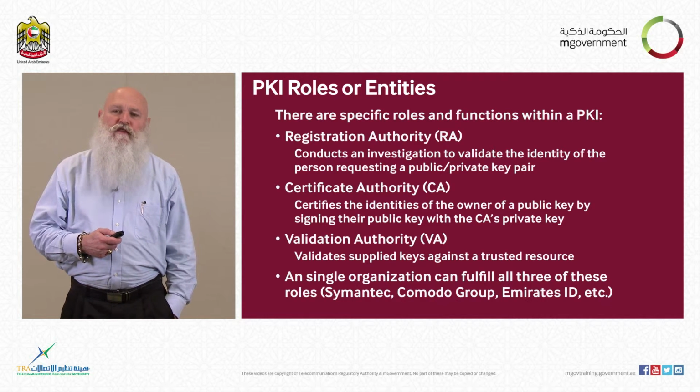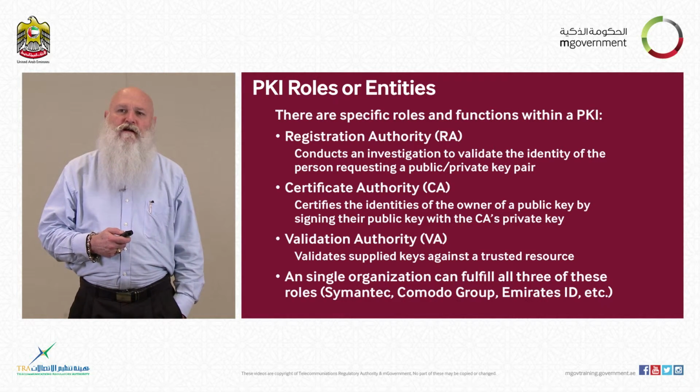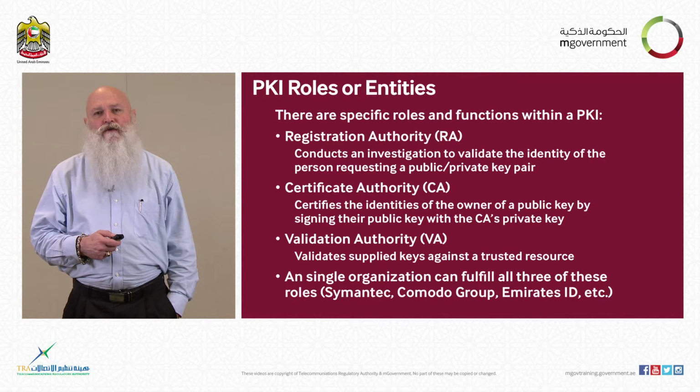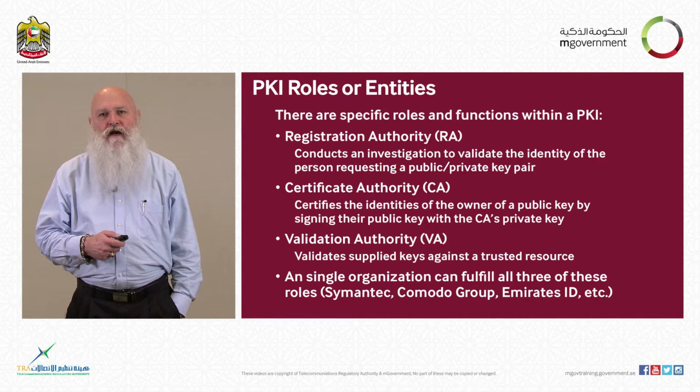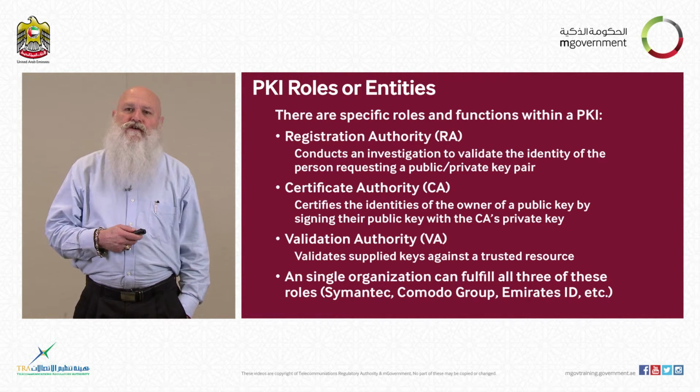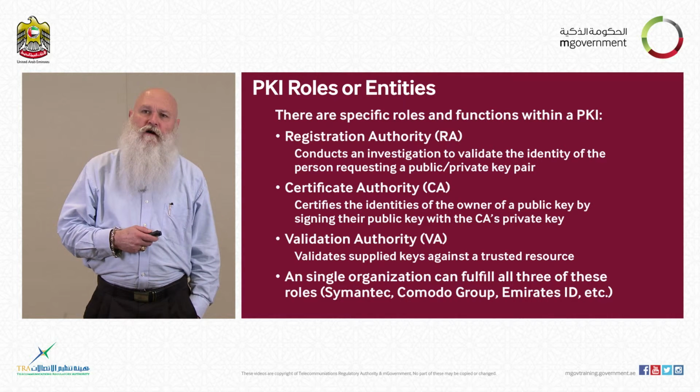The registration authority will follow a set of public rules to determine what Alice has to do to prove her identity. Once the registration authority is satisfied as to Alice's identity, he passes function to the certificate authority.